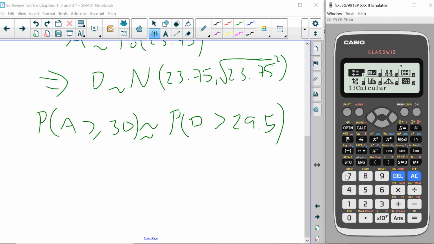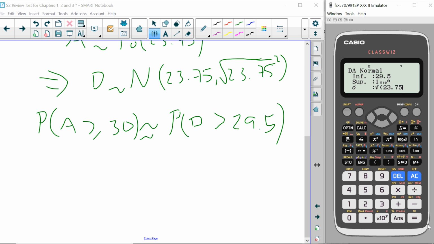So the probability that D is greater than 29.5, just use your calculator. So menu 7. We're looking at the cumulative distribution of the normal. So number 2. My inferior bit is the lower bit, 29.5. My superior, it's way up, so let's just make it a big number. There we go. Even bigger. Okay. My sigma is the square root of 23.75.